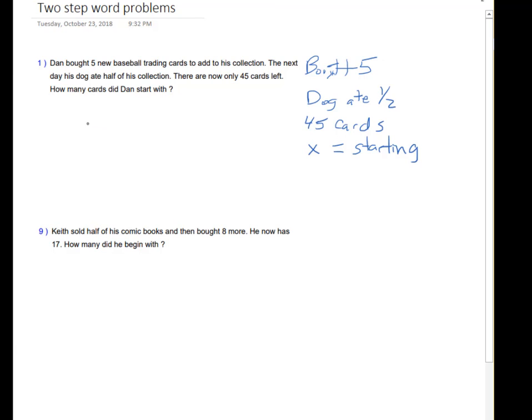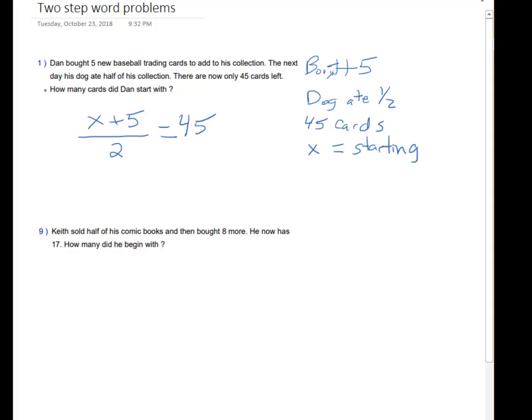So let's take a look. He started with this many, and then he added 5 that he bought, and then his ridiculous dog came and ate half of his collection. So we have to divide that by 2. That's half. And what he has left is 45. And there's our equation. Now we can solve.